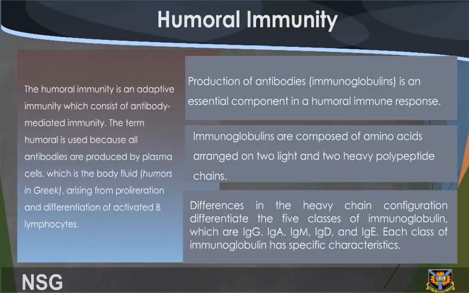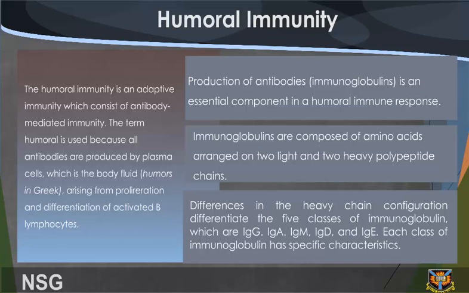Humoral immunity. The humoral immunity is an adaptive immunity which consists of antibody-mediated immunity. The term humoral is used because all antibodies are produced by plasma cells, which are in the body fluid. Humor, in Greek, means fluid. Plasma cells arise from proliferation and differentiation of activated B lymphocytes. Production of antibodies, immunoglobulins, is an essential component in a humoral immune response.